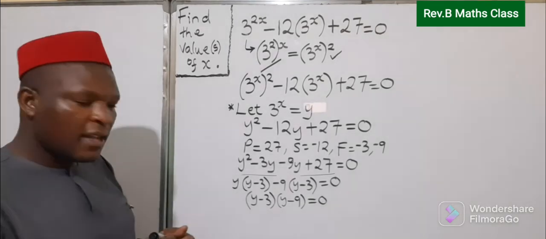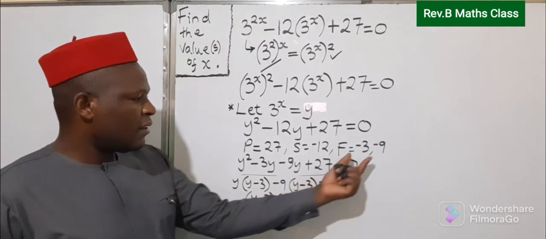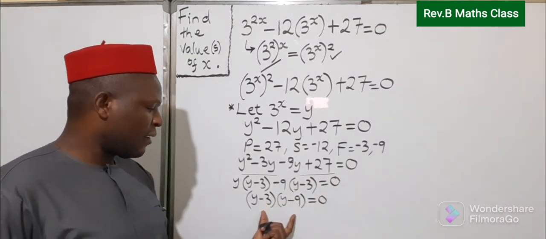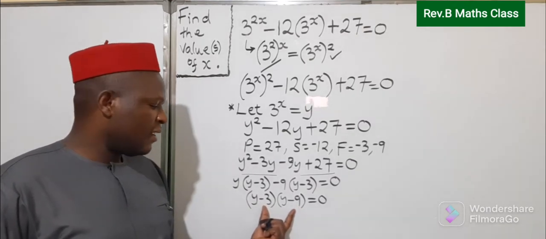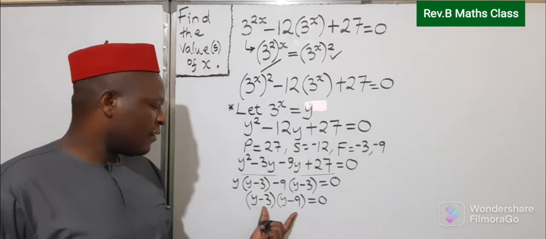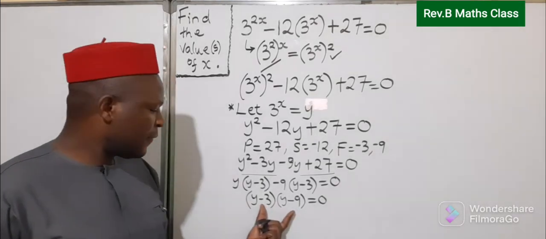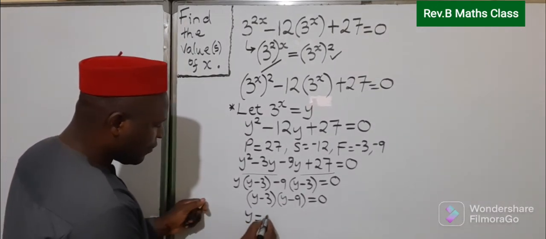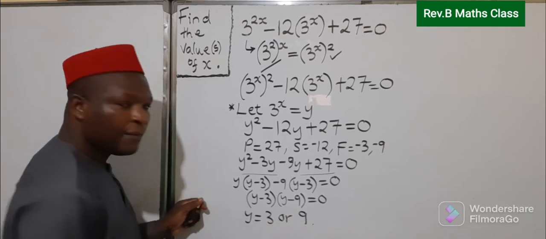What we are observing at this point is these two factors, you just drop them here. If you want to understand this better, kindly watch my video that I posted previously, as I've just said. So the values of y, you are going to have 3 or 9.